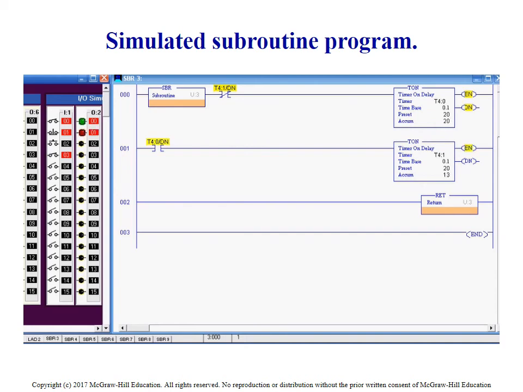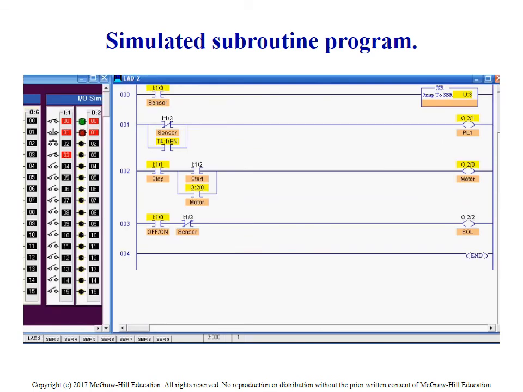When you close that contact in the main, it comes out here and calls this subroutine. So when you close this sensor, it makes this JSR, and it allows us to jump to that location.